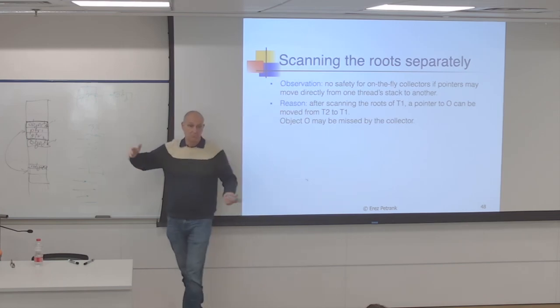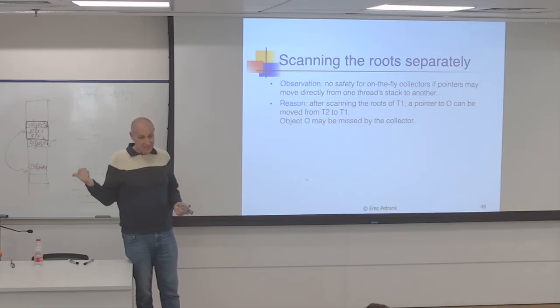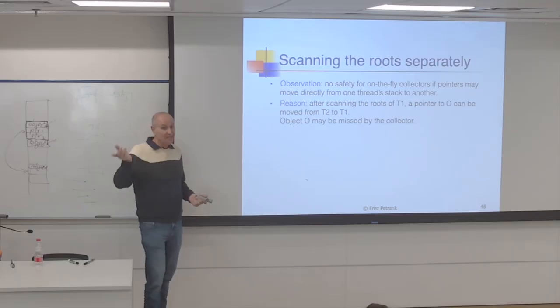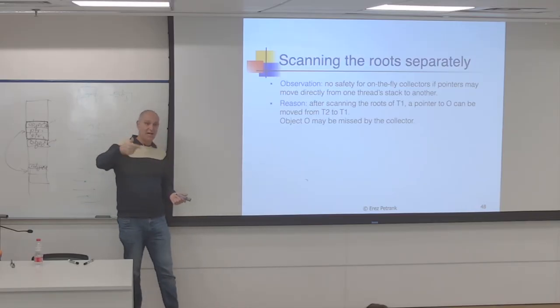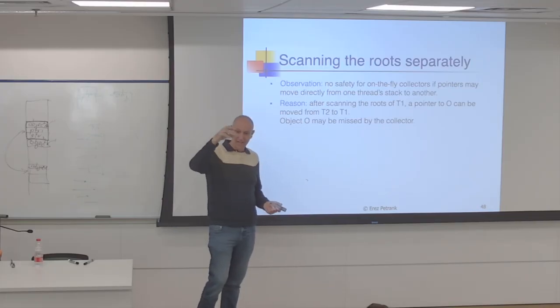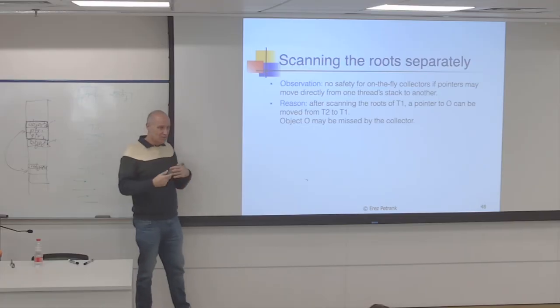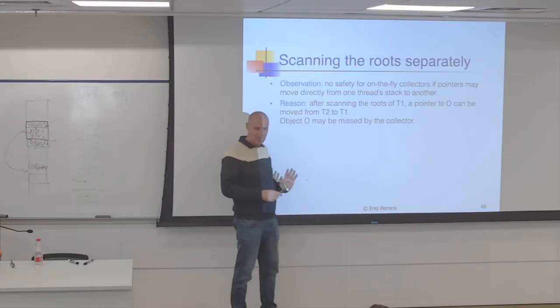I have this count on my stack, and I put an ampersand to find its address. I write it somewhere on the heap, and then another thread reads this address from the heap and knows where my stack is and can access it.